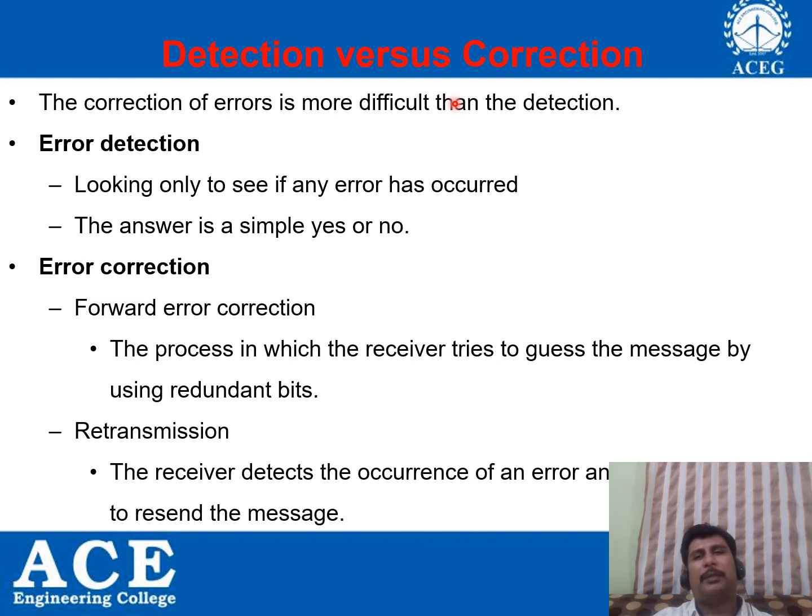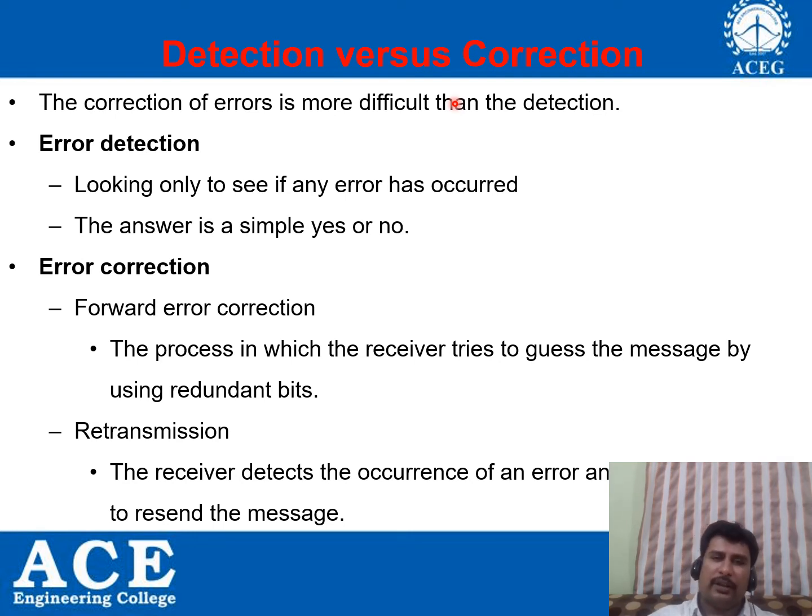But if the same thing happened in a regular classroom, and I observe your notes and you are trying to do the problem in a wrong way, I'm not only saying that your problem is wrong, I'll try to help you in correcting the error. The first scenario in the exam hall, I call simple error detection. And in the classroom scenario, I can refer to the process as error correction.